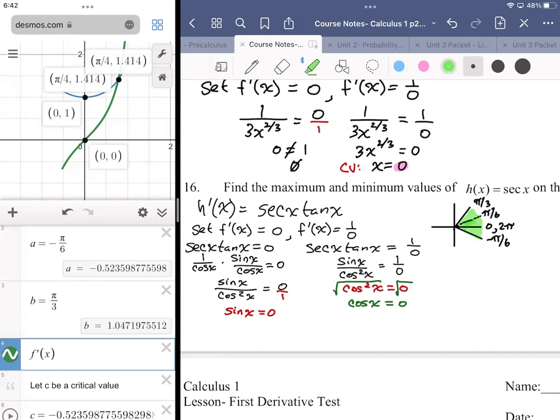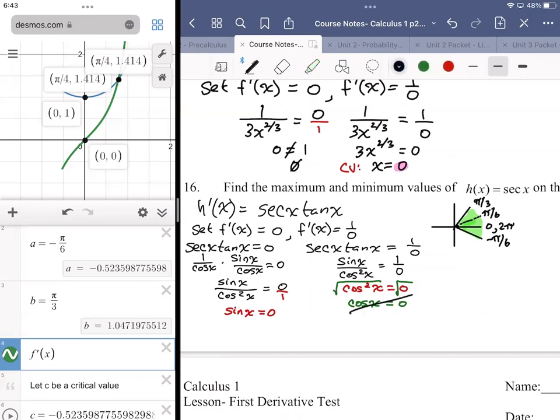So when I think about that, and I think about where sine is equal to 0, sine is equal to 0 anywhere on the unit circle that's on the x-axis. Cosine is equal to 0 anywhere in the unit circle that's on the y-axis.